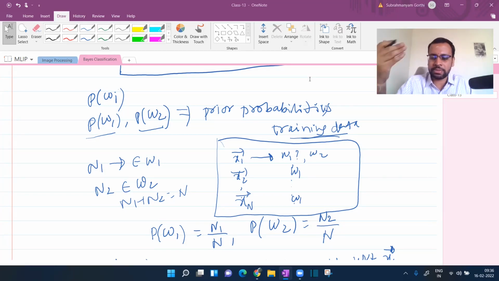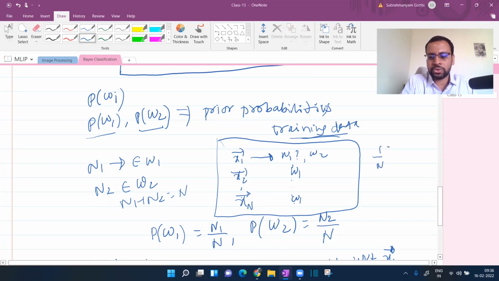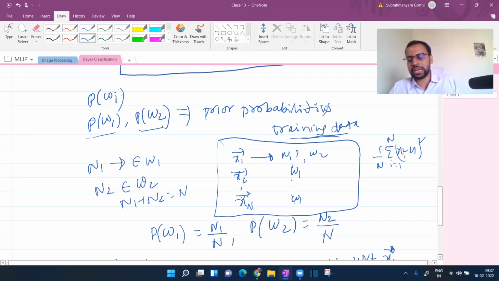The mean is the summation divided by the total number, and then for the variance, 1 by n into the summation of x minus mu whole square. Let's say there are i values, 1 to n. For each sample xi minus mu, you do that, and you get the variance.